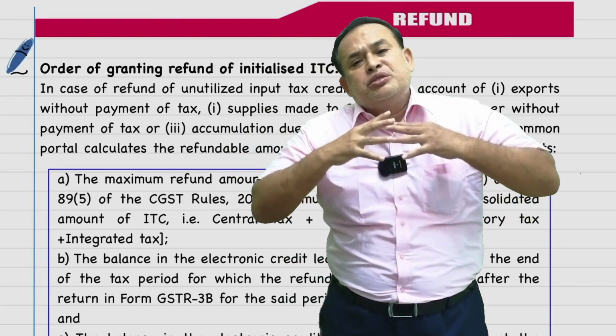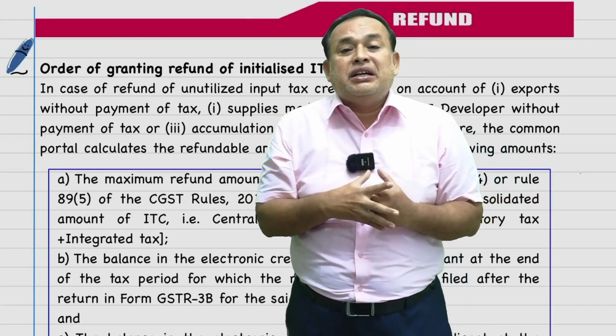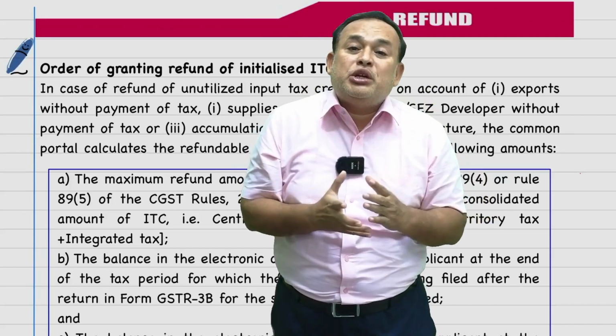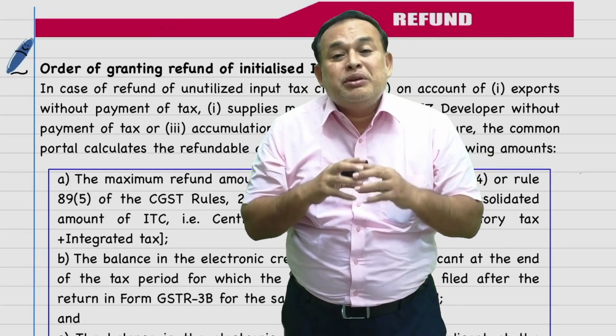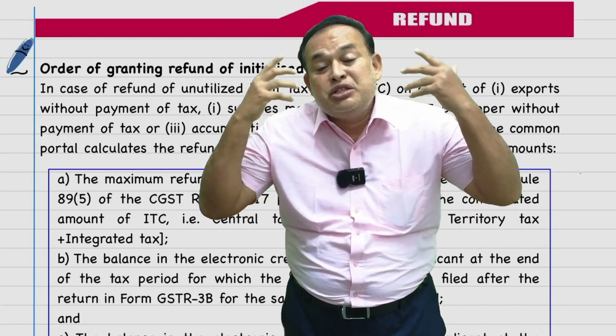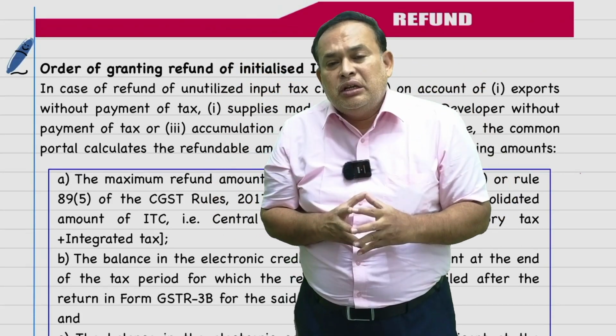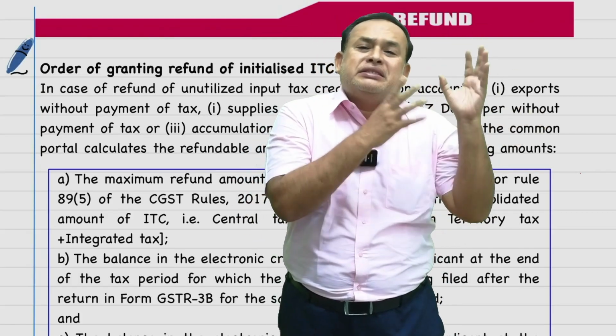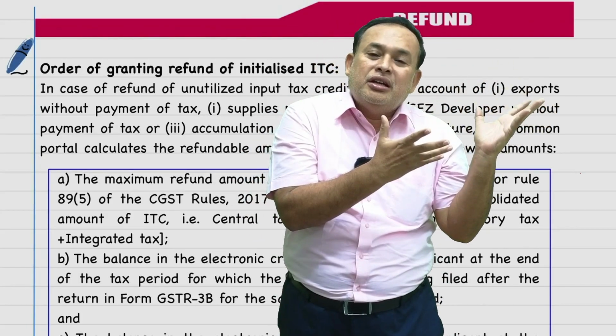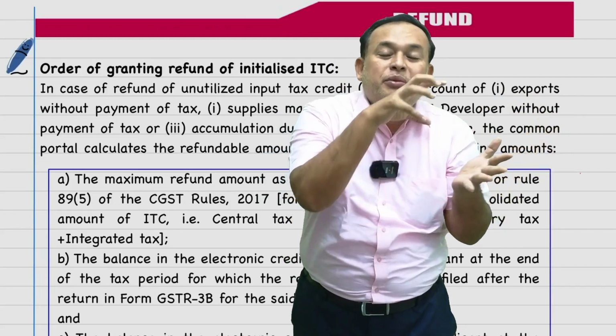Sir, in which situation is the Reserve Bank of India going to write off the sale proceeds that are not realized? Assume a scenario. The moment my goods landed outside India in the importer country, say Japan, for example, a tsunami came soon after the landing of the goods.